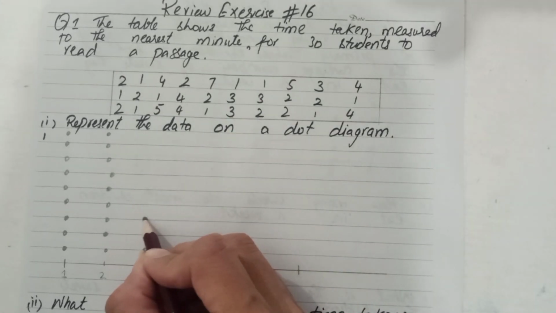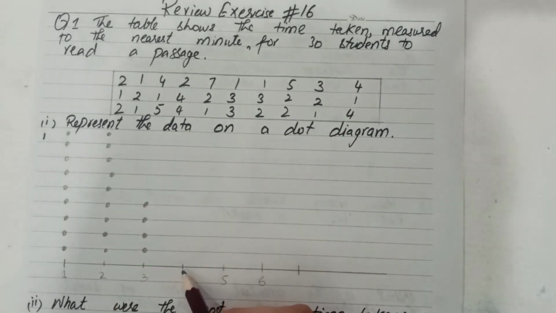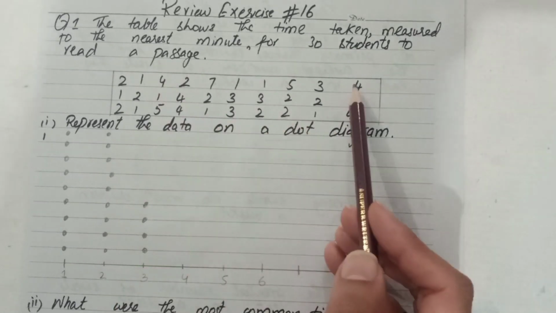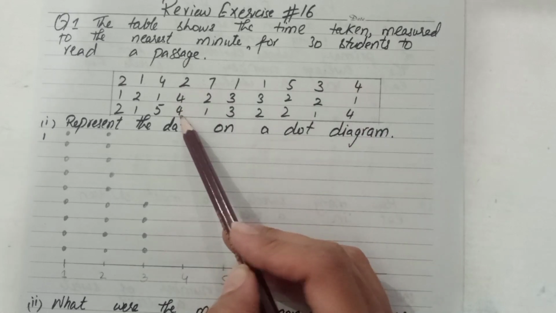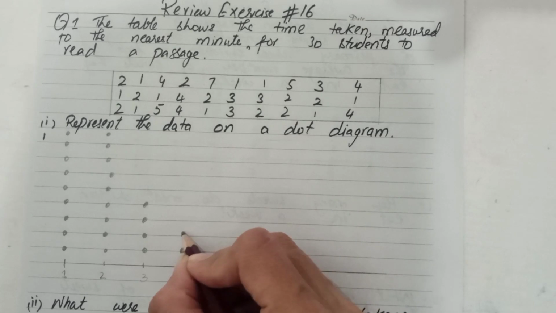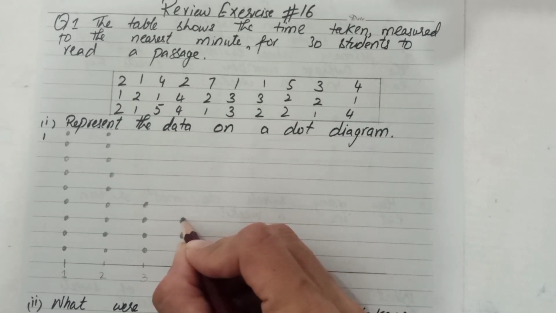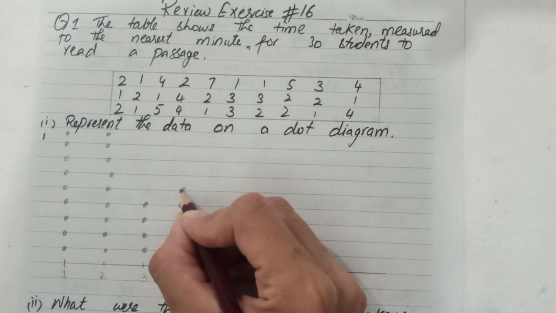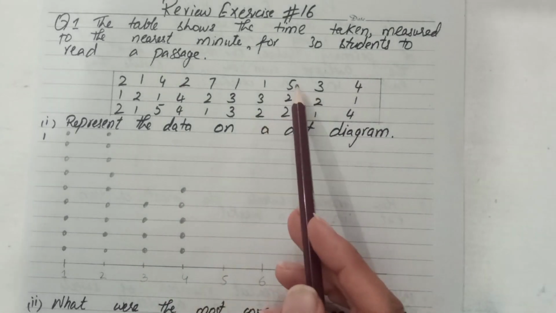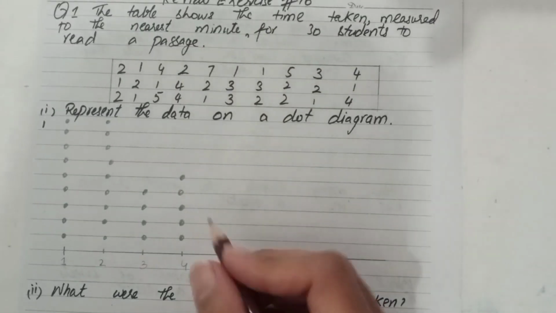And 4 is 1, 2, 3, 4, and 5. This is 5 times. Now count 5. 5 is 1 and 2. 2 times.